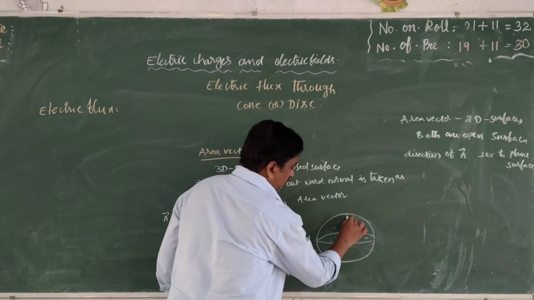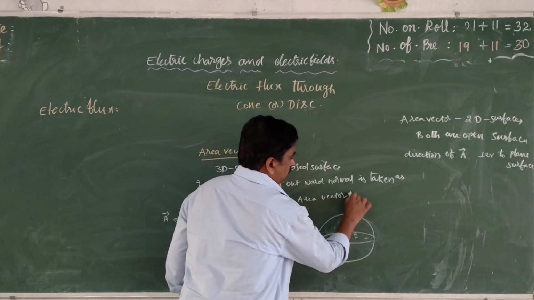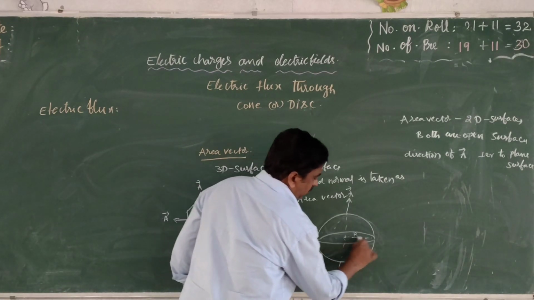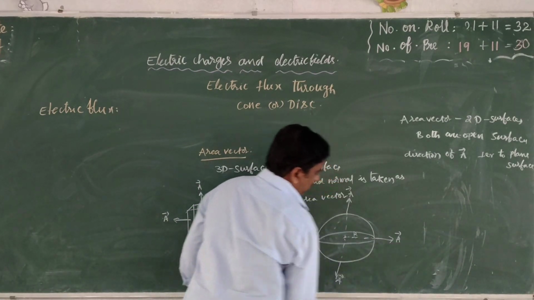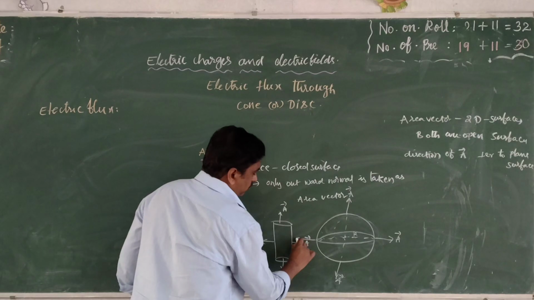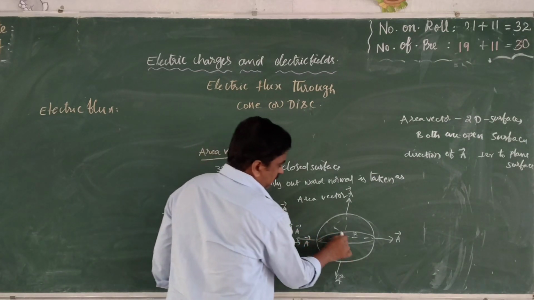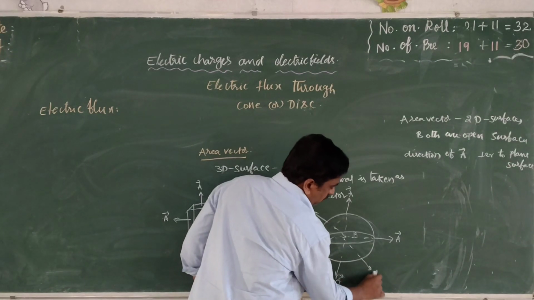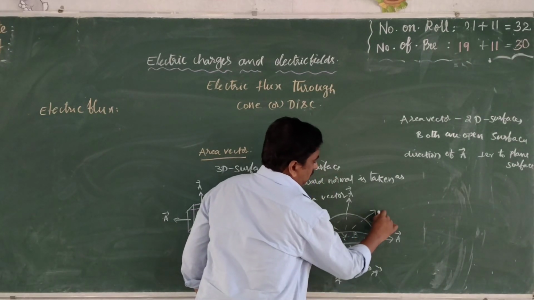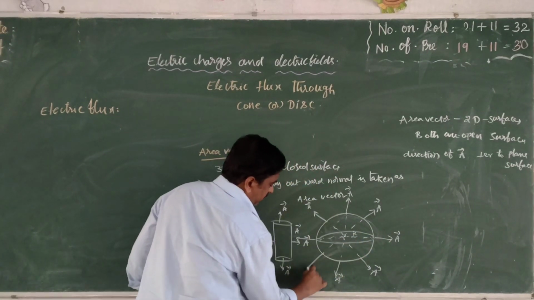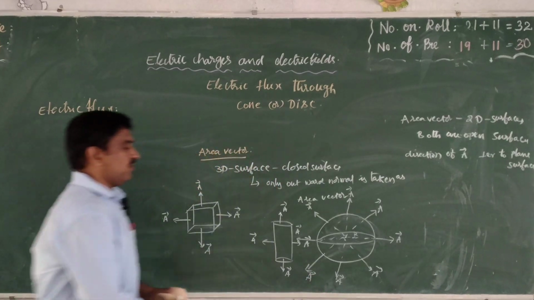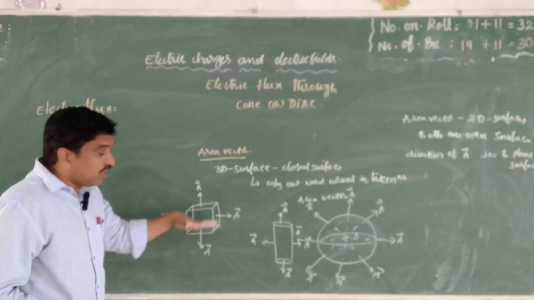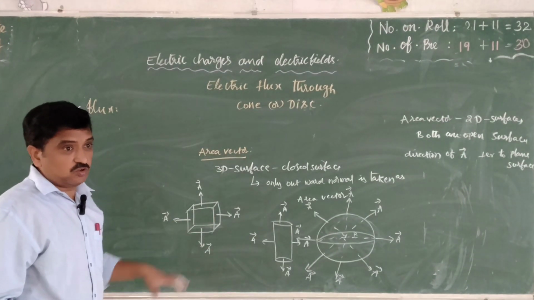From here, this is the outward normal, the area vector. Similarly here, the outward normal is the area vector, and in this direction too. The outward normal can be considered as the area vector for closed surfaces. For a cube also, only the outward normal can be considered the area vector for 3D or closed surfaces.